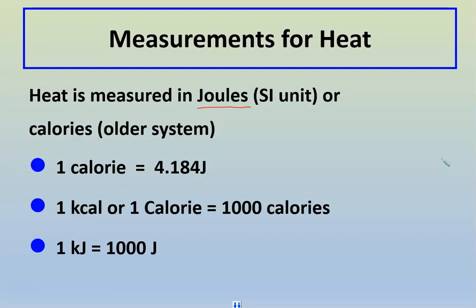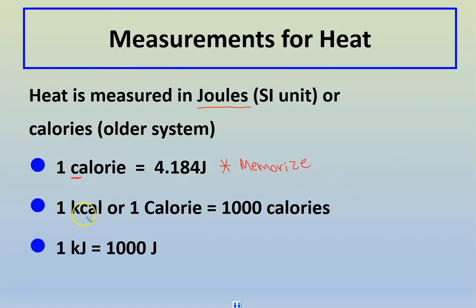The older system was a calorie, and that is a lowercase calorie. And so the conversion, which I would like you to memorize, is that in 1 calorie, and this is the lowercase calorie, there are 4.184 joules. That's a conversion factor you'll be using.